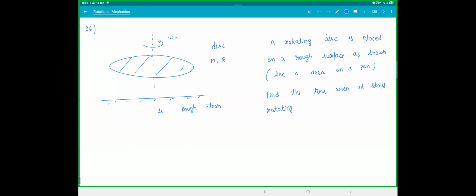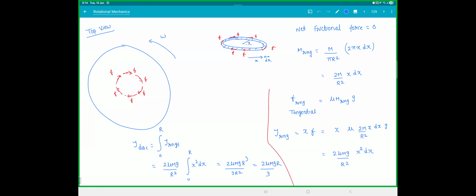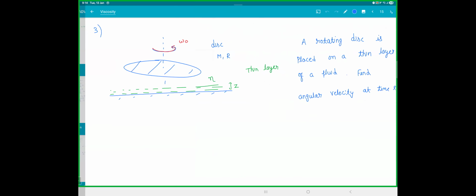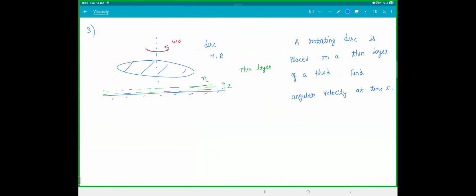Find the time when it stops rotating. There, it was the friction on the ground which was stopping you. Here it is a viscous force which is going to stop you. So this is what I was saying. Questions will not be new. You must have seen them somewhere, but with few variations. The element and everything will look exactly the same. Only thing, there friction was mu into n. Here, friction will be eta a dv by dz. Let's see how you will handle this.